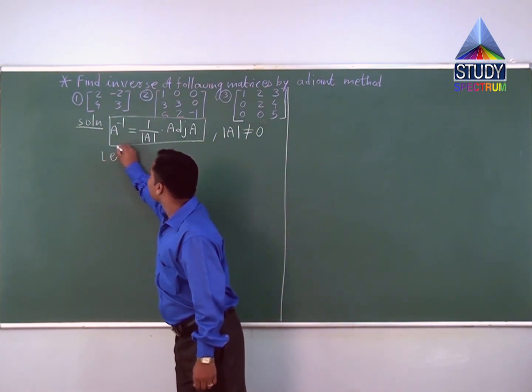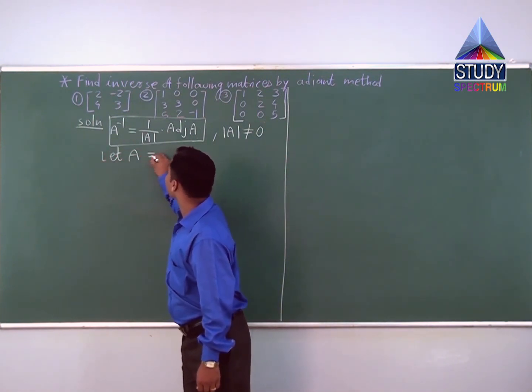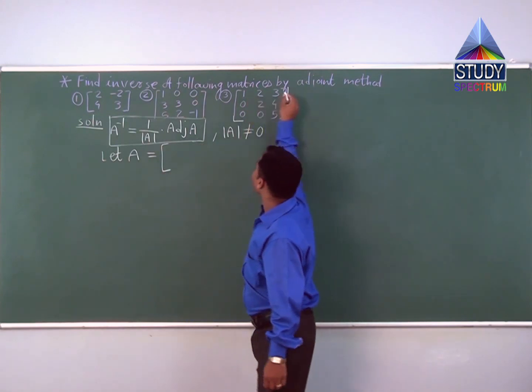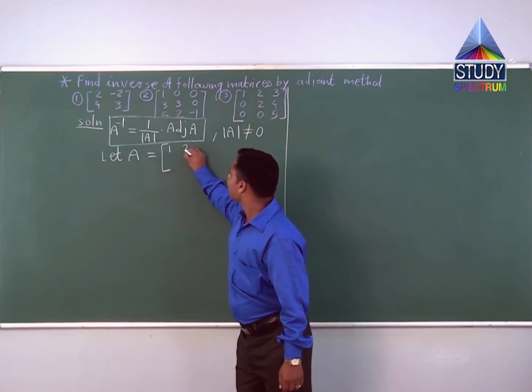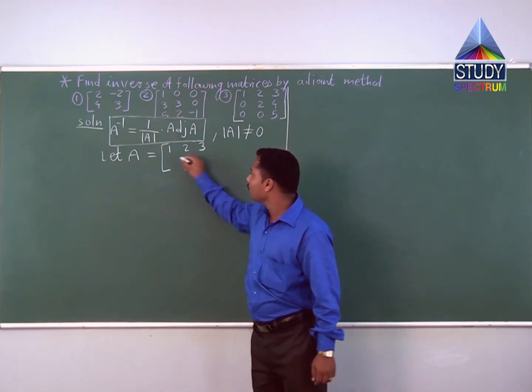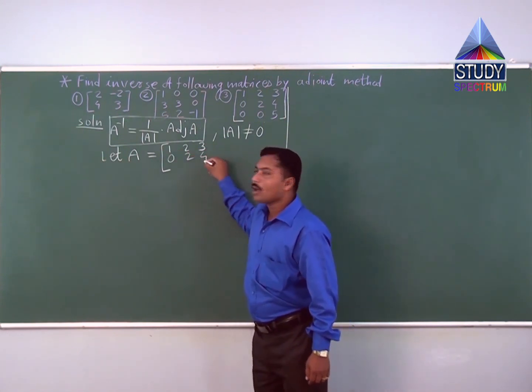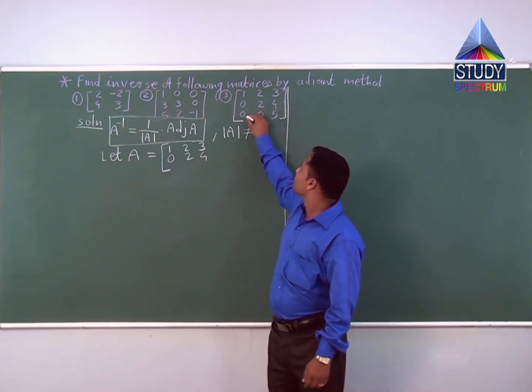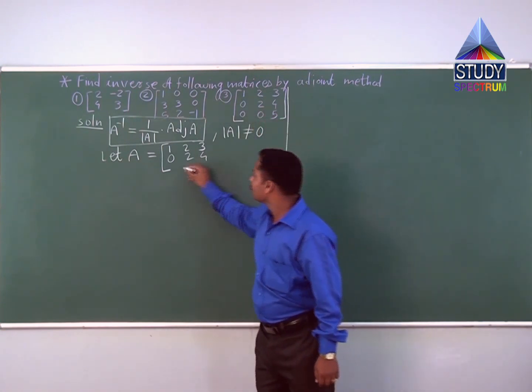So we take the given matrix as A equal to: first row 1, 2, 3, second row 0, 2, 4, and last row 0, 0, 5.